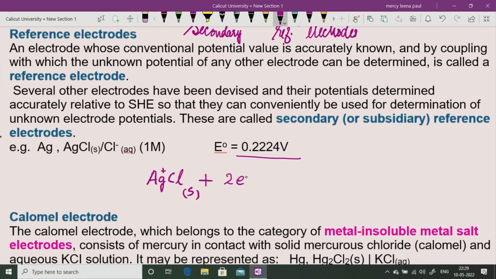So, we require not 2 electrons, we need only 1 electron, which reversibly gives Ag, which is in the oxidized state, takes up the electron and gets reduced to Ag metal solid, plus the chloride ion goes into the aqueous solution. So, this is the electrode reaction, which is shown in the form of reduction, because I am considering the single electrode. So, this is one of the secondary reference electrodes, which can be easily set up.